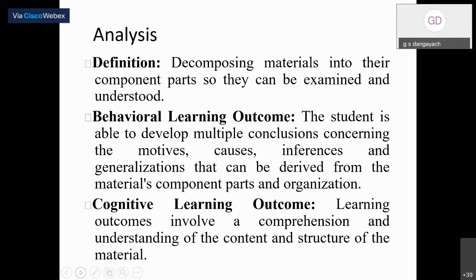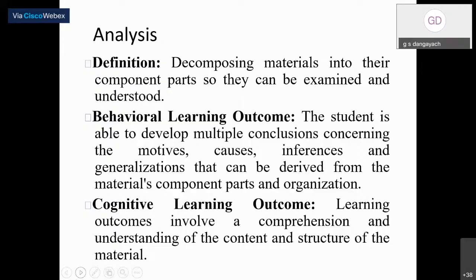The student is able to develop multiple conclusions concerning the motives, causes, inferences, and generalizations that can be derived from the materials, component parts, and organization.